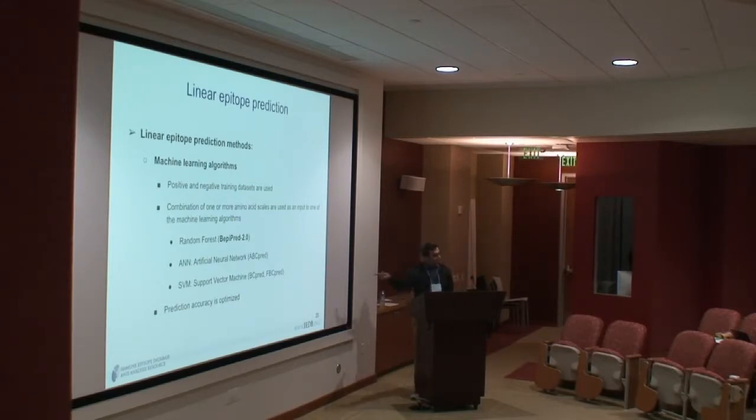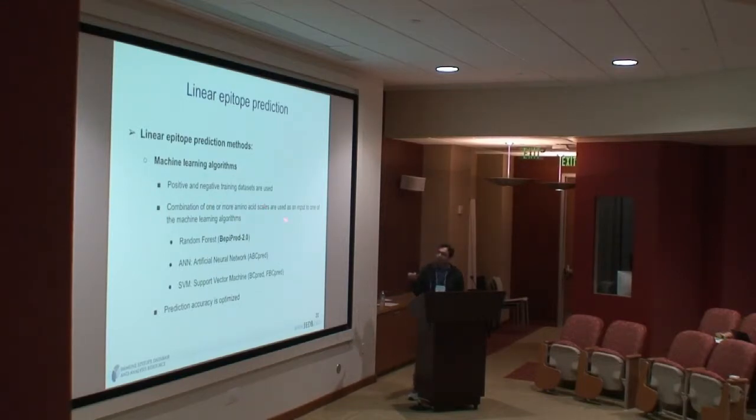So there is, of course, a second class of prediction methods that we have. So Epipred, the 2 version, and there are other methods available in other resources, other websites that you can use to predict linear B-cell epitopes. These machine learning methods take training data sets.